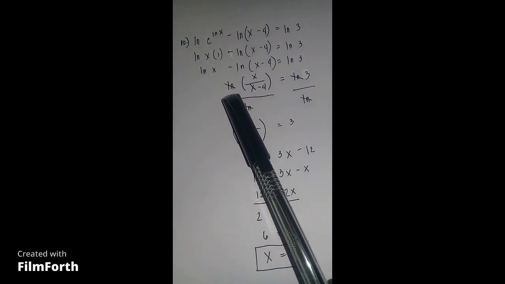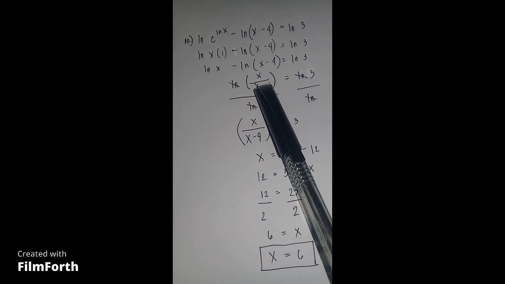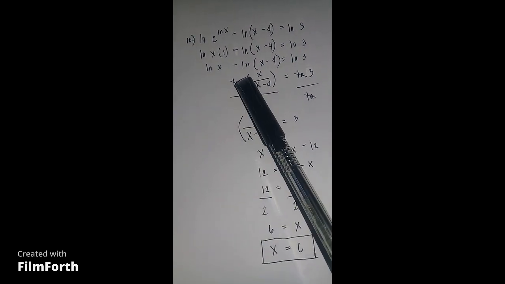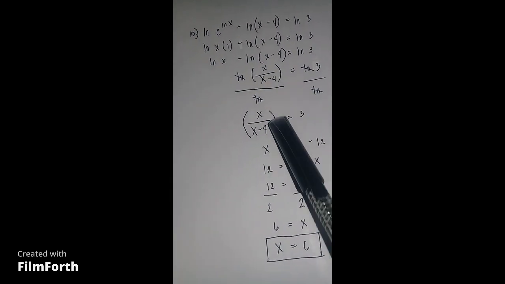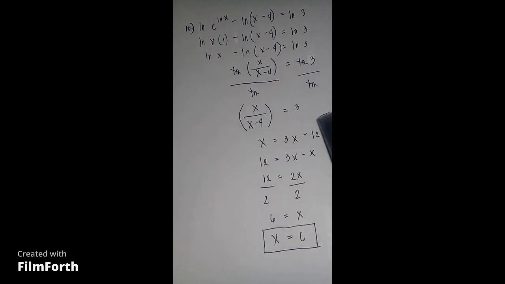So copy the ln here, and then we put x over x minus 4 and copy the ln 3. So divide both sides by ln. So what remains will be x over x minus 4 equals 3.